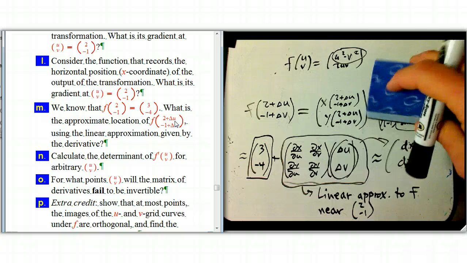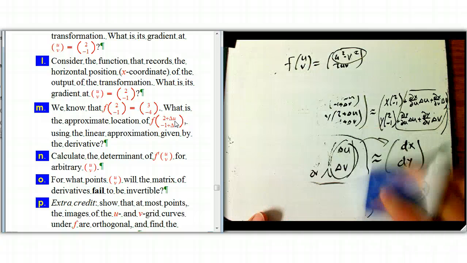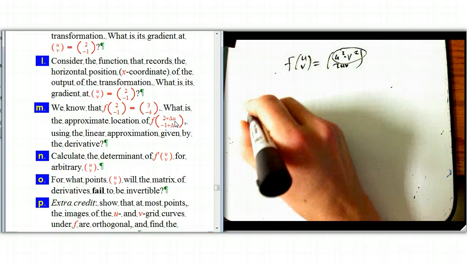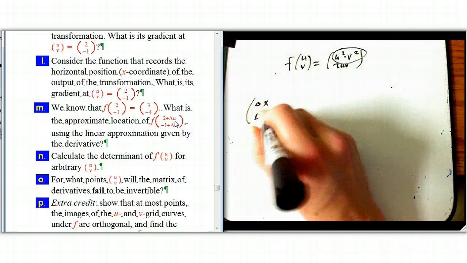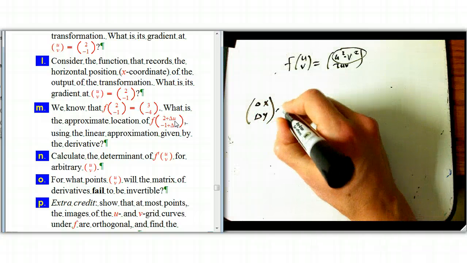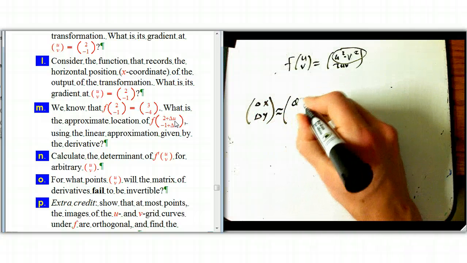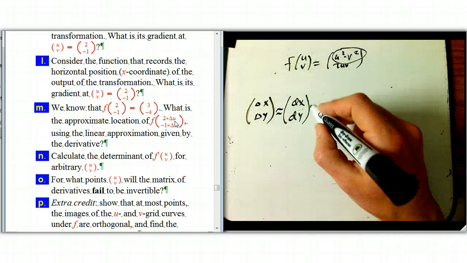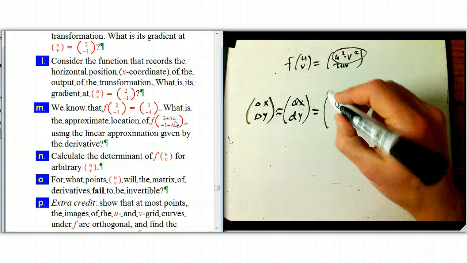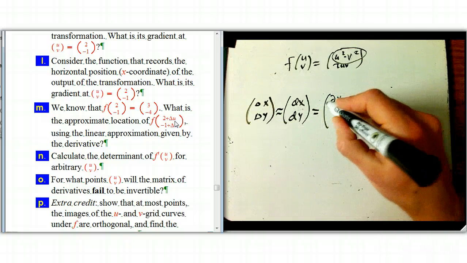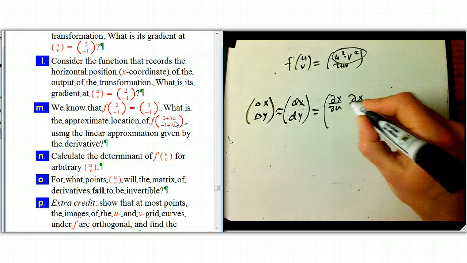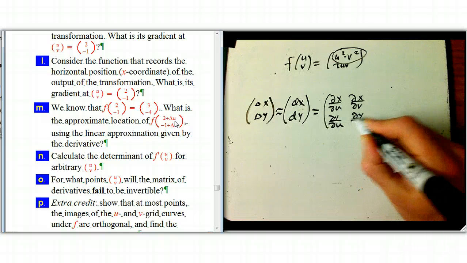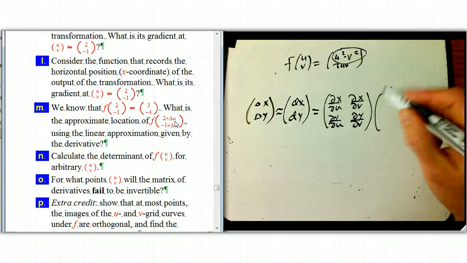Okay, so let me just summarize that. The actual change in the target point, delta x, delta y, that's impossible to get exactly from these kinds of methods, but it's roughly the idealized change in the target point, dx and dy, and that is equal to the matrix of derivatives times the input changes.